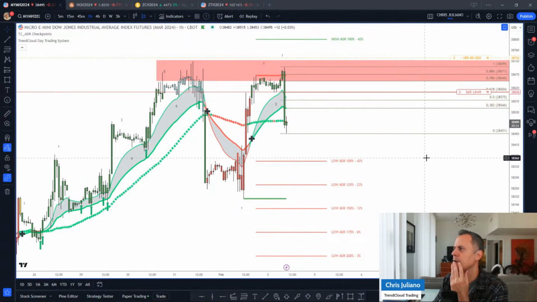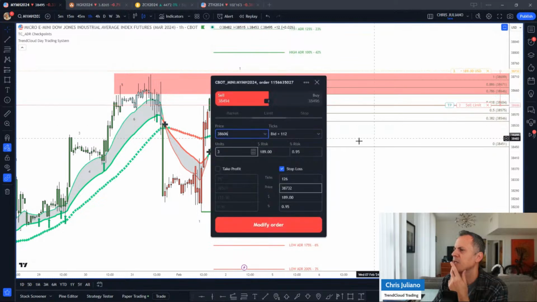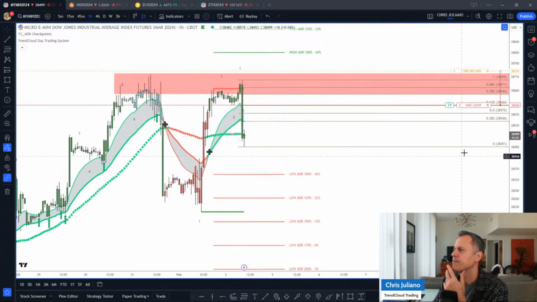Let's see here. Yeah, so that's a 2618 trade component there. So double top. There's the setup there. Can we get away with 4? Oops. Nope, too much. Okay.